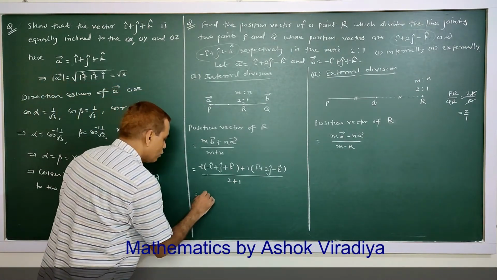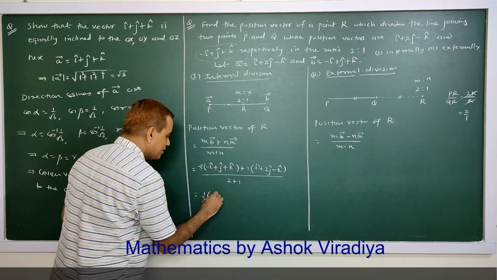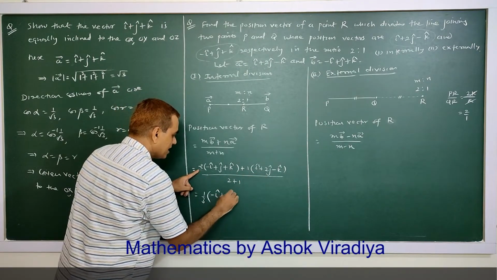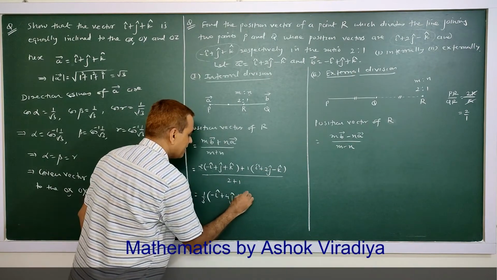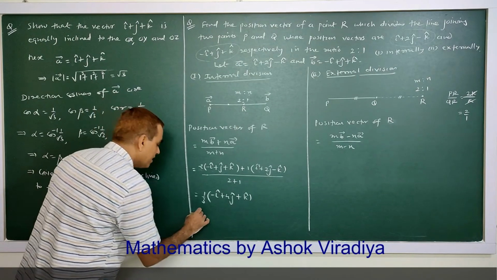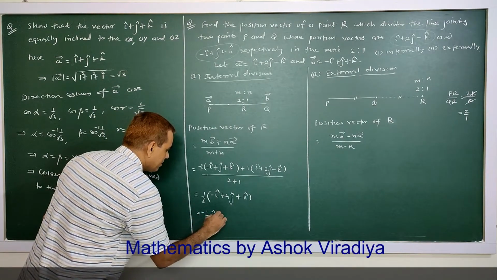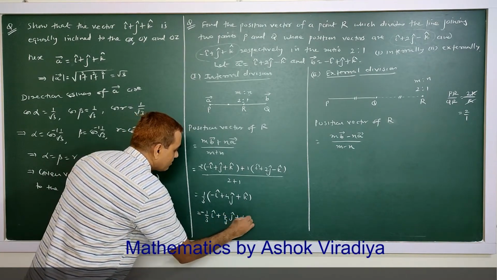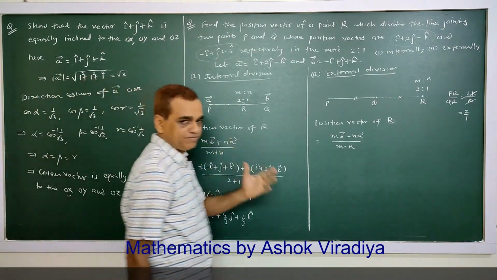So this is 1/3 times minus 2i plus 1i, that is minus i, 2j plus 2j, that is 4j, 2k minus k, that is 1k. So in internal division, minus 1/3 times i plus 4/3 times j plus 1/3 times k is the position vector of the dividing point.